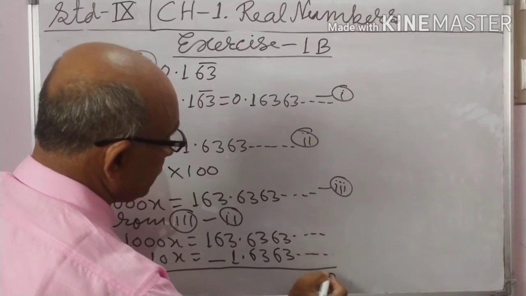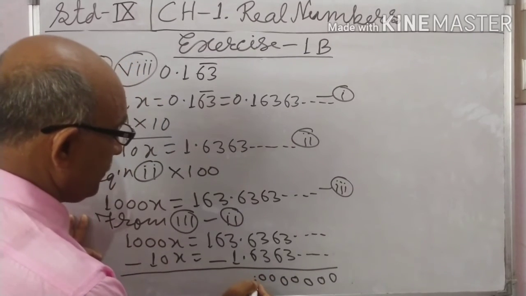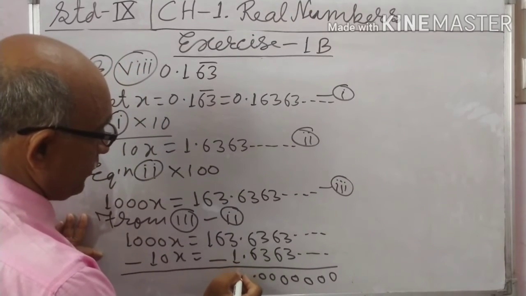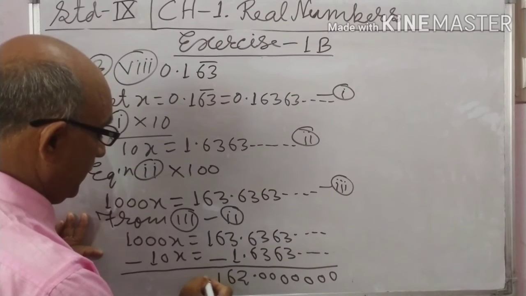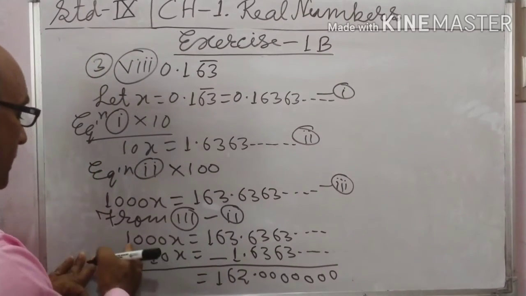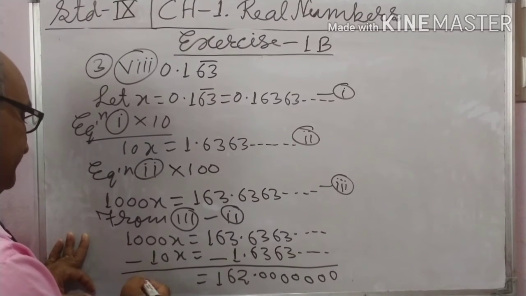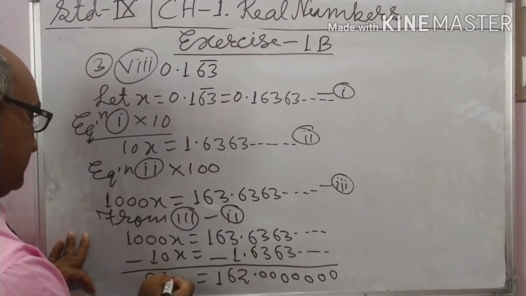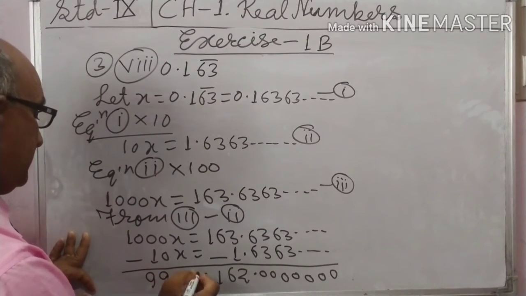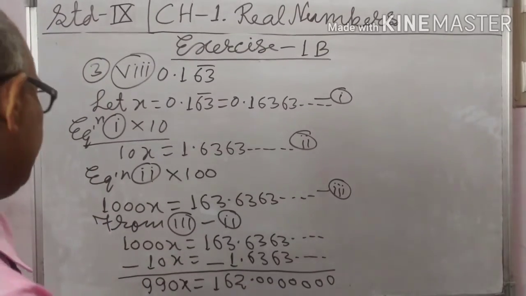Write it. 163 minus 1, 162. 1000x minus 10x, so 990x.